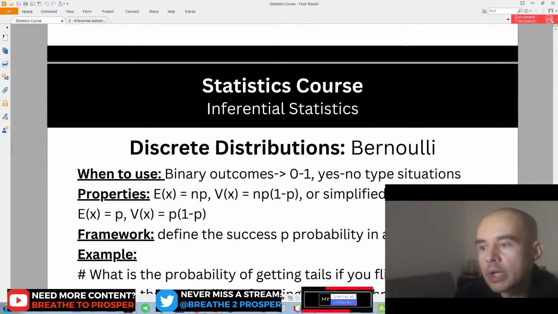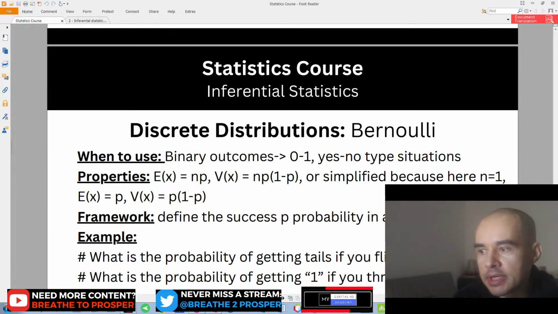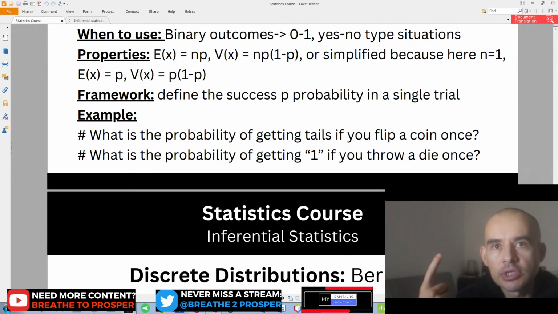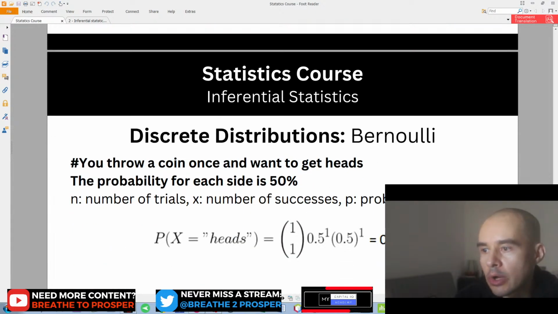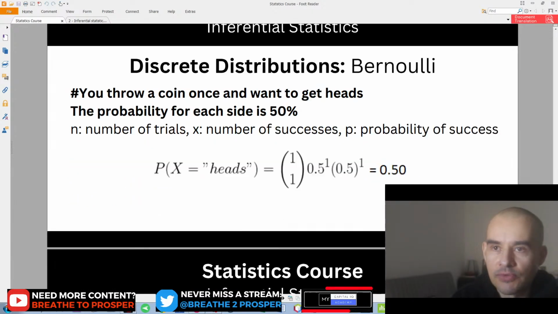This is the main reason why you see the expected value and the variance as P and P times 1 minus P, because N is equal to 1. Understand? So it's a binomial distribution, but a specific case because it ends after one case. So you throw a coin once to get heads. Again, PMF, X equals heads, 1, 1, because it's one case only, so it's 50%.